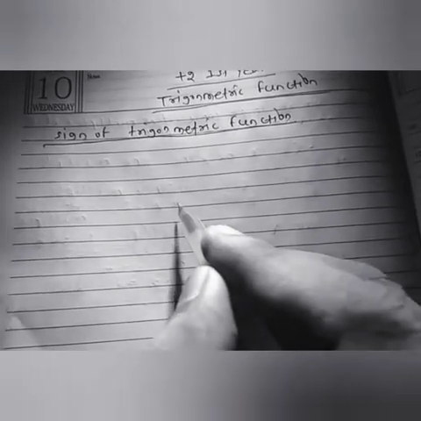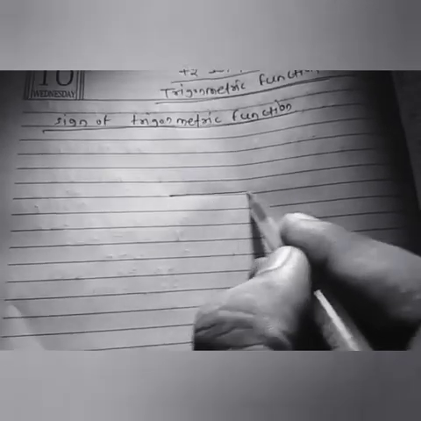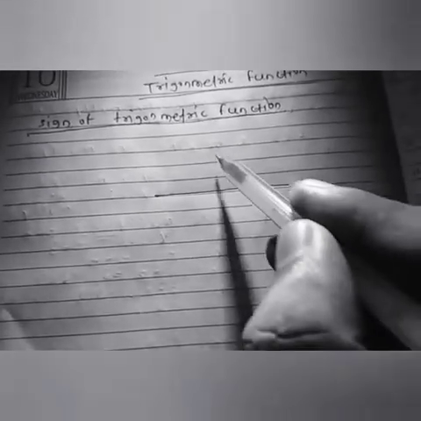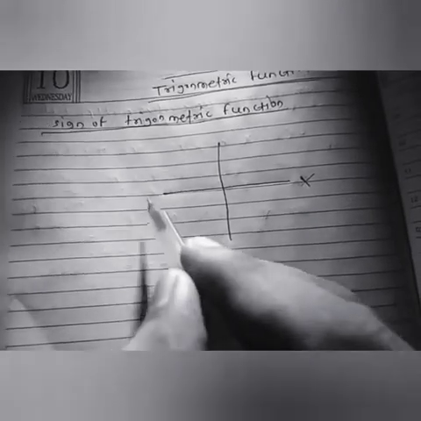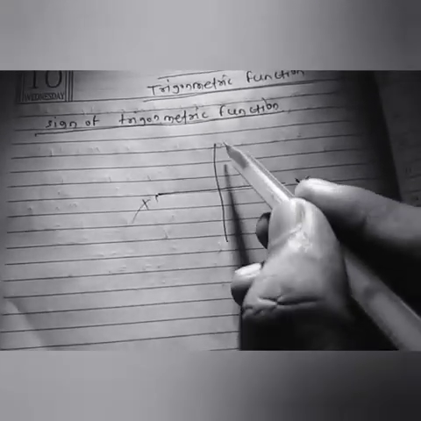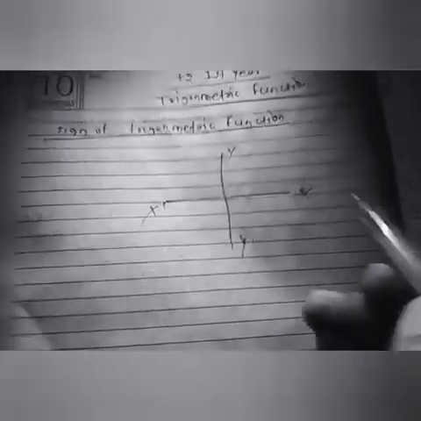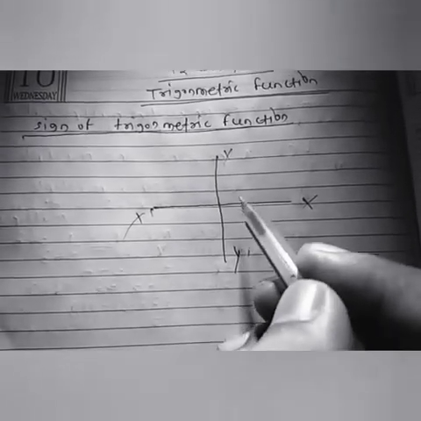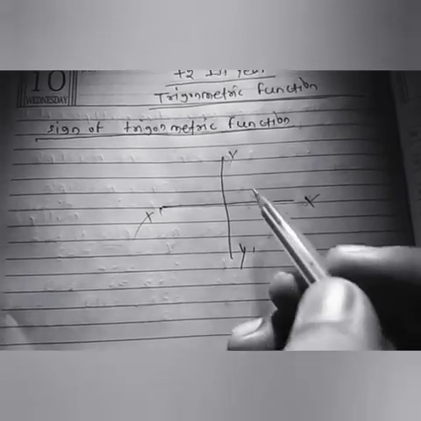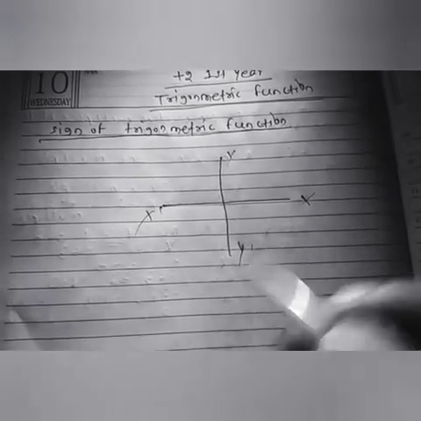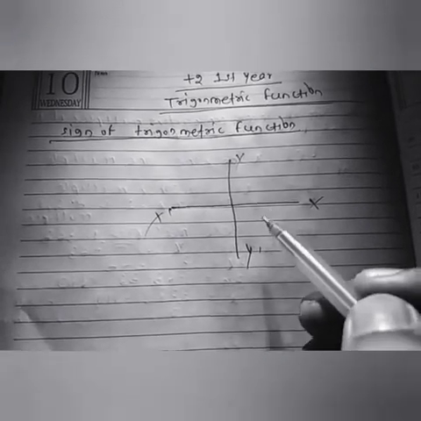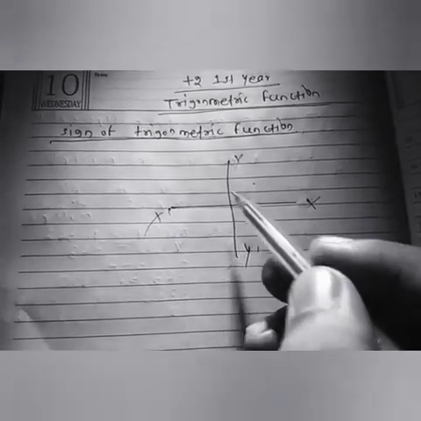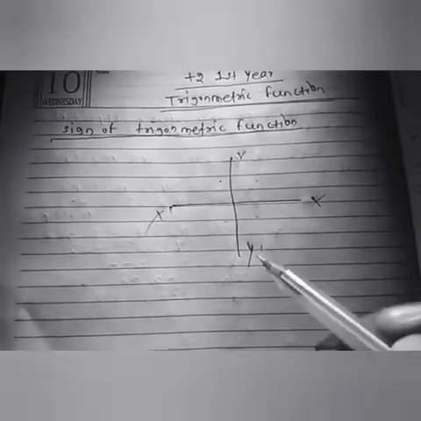So everybody knows that in the Cartesian system, this is the x axis and this is the y axis. Okay, then in trigonometry, the whole plane is divided into 4 equal parts: 1, 2, 3 and 4.